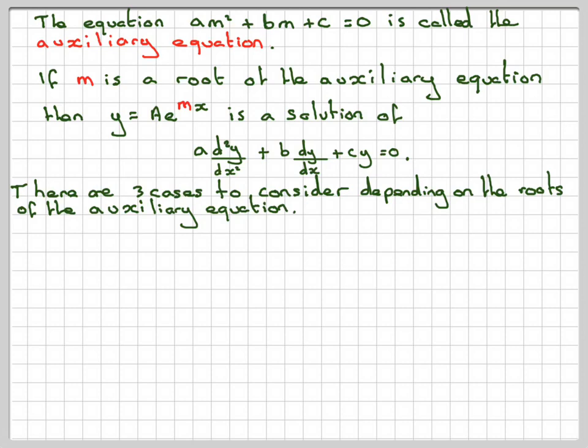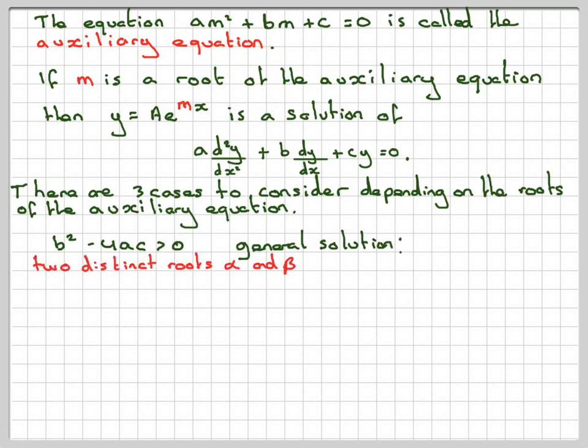So the 3 cases depend on the roots of the auxiliary equation. So if b squared minus 4ac is greater than 0, then we know that gives 2 distinct roots, 2 different roots, and we can call those roots alpha and beta. Then the general solution will be y is equal to A e to the alpha x plus B e to the beta x. We'll do some examples later in another video.